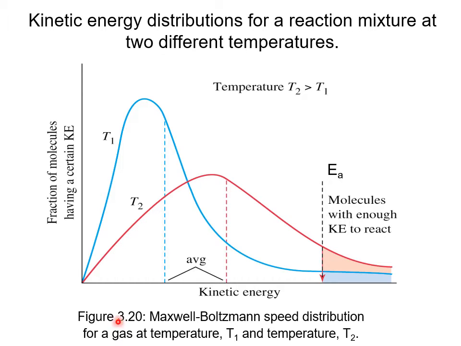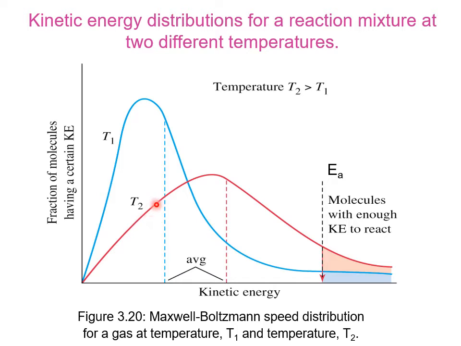We can see here the fraction of molecules having a certain kinetic energy is plotted against the kinetic energy. And at temperature T1 in blue, the number of molecules that have enough kinetic energy to react is very low here. And then for temperature T2, this is a higher energy.